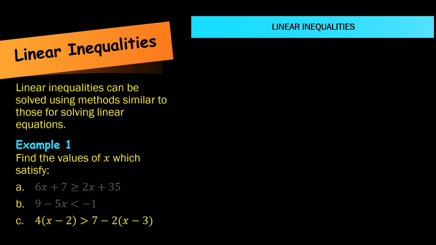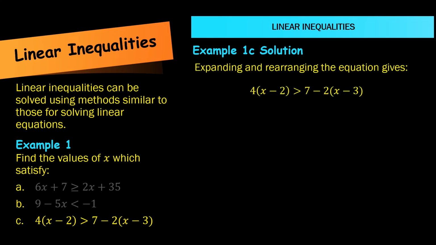Now let's solve example 1c. We expand and rearrange the equation to give 4x minus 8 is greater than 7 minus 2x plus 6. So expanding one set of brackets gives us 4x minus 8. We leave the 7 as it is, and the second set of brackets becomes minus 2x plus 6.